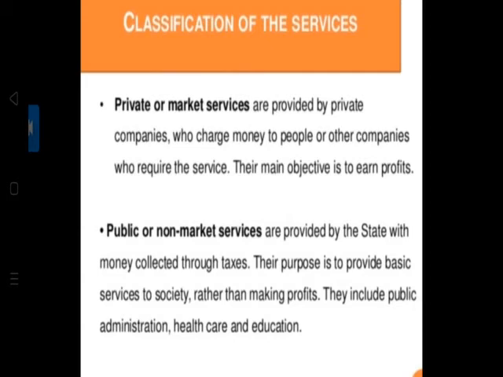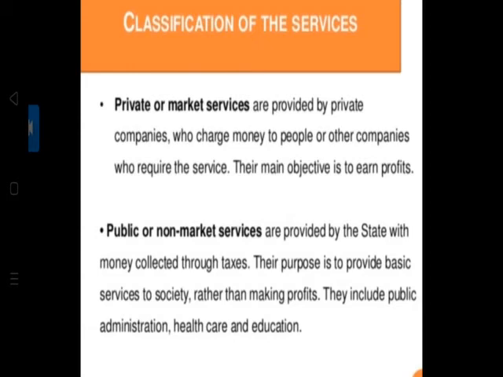Some people pay heavy taxes. So through these taxes, only certain services are provided by the state or the central government. Their purpose is to provide basic services to society. The government is here to serve the society, its citizens, for their betterment and standard of living, to make them secure and also make the economy viable rather than just making profits.